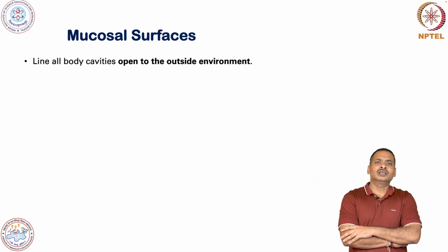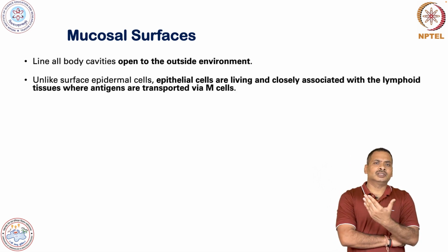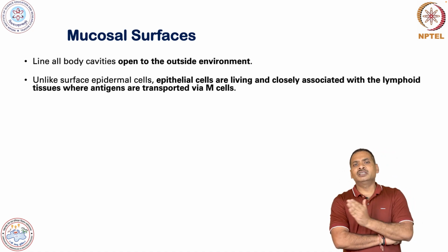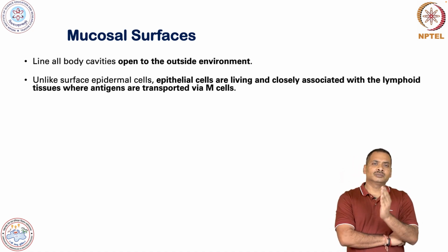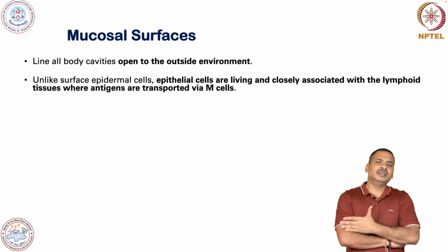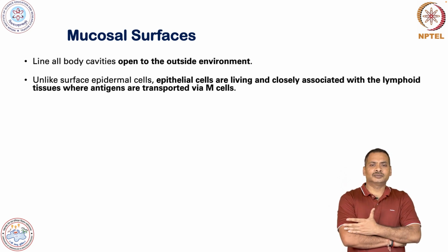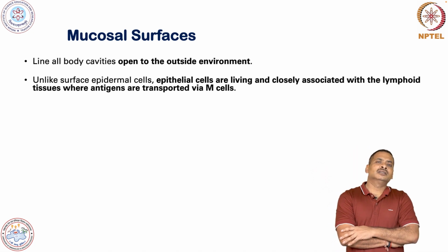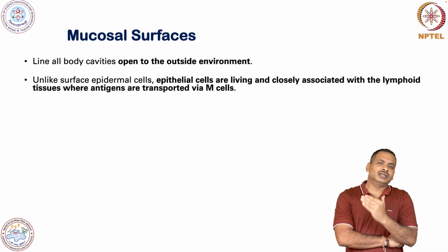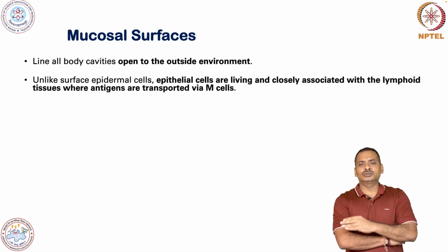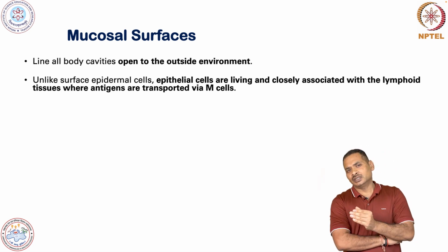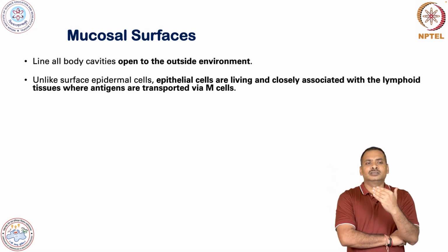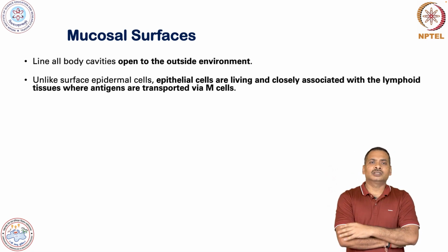Unlike skin, it's the epithelial cell which is present in this area. Basically, this is a living layer. And there are a few more things associated: just beneath these layers there are some loose lymphoid tissues.